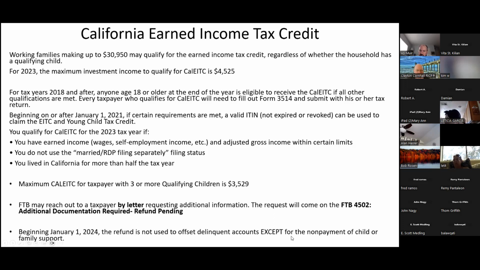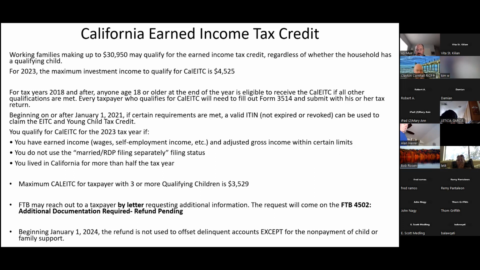So if you've got a taxpayer who is in arrears for child support or family support, which is also known, I guess, as family maintenance, that means this is the exception. They'll use that refund that's due to the taxpayer to ensure that the child support is taken care of. Or stated differently, if you've got someone who owes child support, this is a big thing for not only the federal government, but also the state of California.